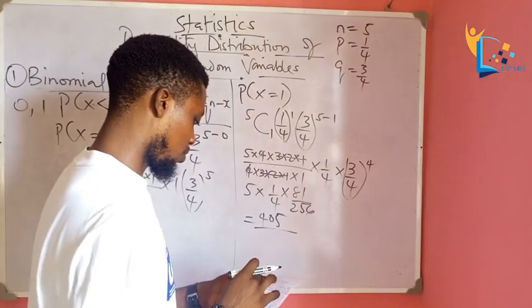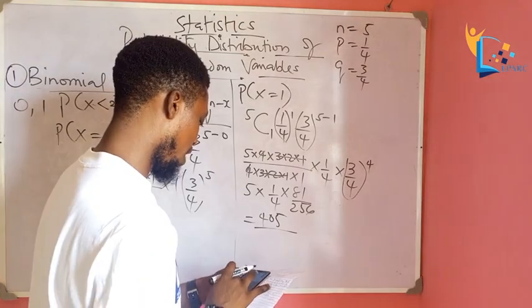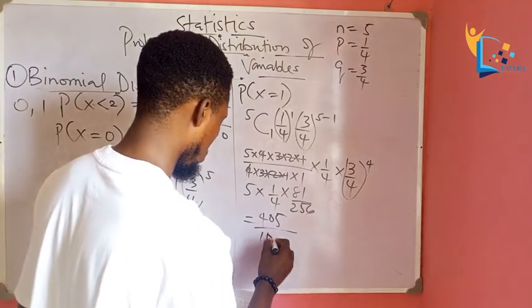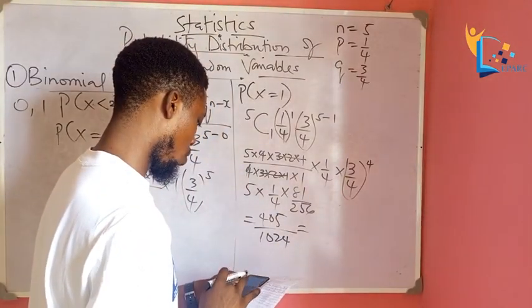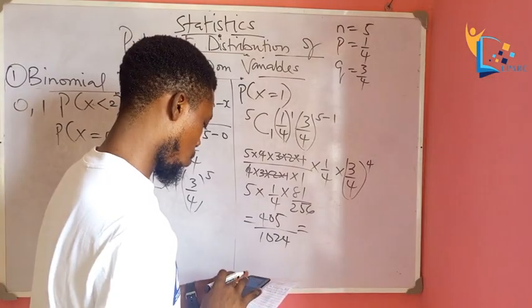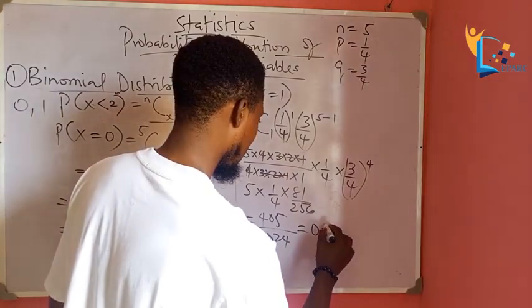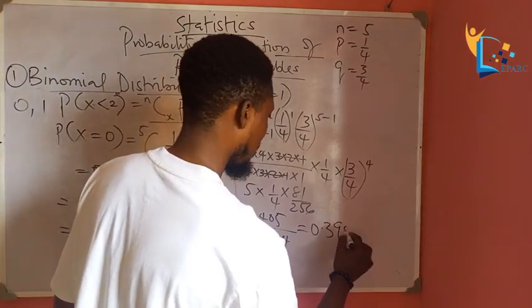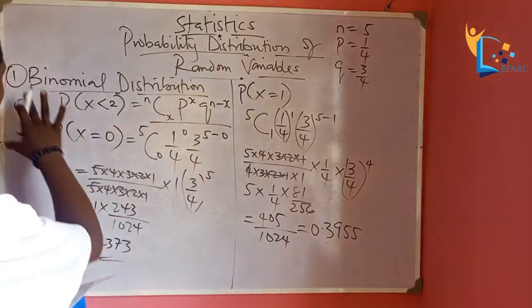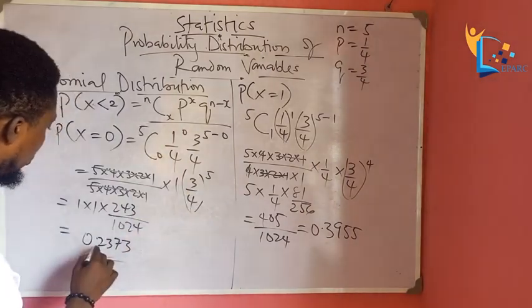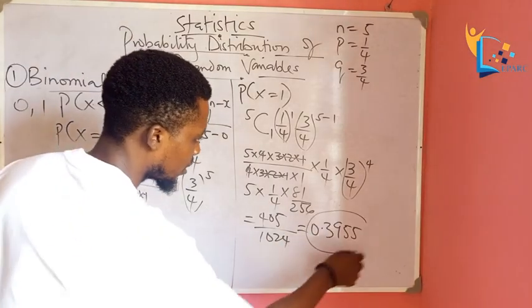And 4 times 256 will give us 1024. So 405 divided by 1024 is 0.3955.